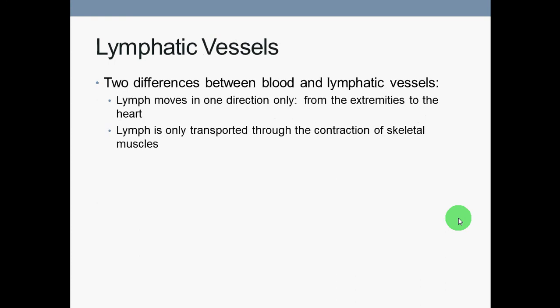One of the differences between your blood and your lymphatic vessels, and this is one of those key things that I want you guys to know about, is that lymph, that fluid that moves through your lymphatic system, only moves in one direction. It moves from the extremities, so from your arms and feet, to your heart.